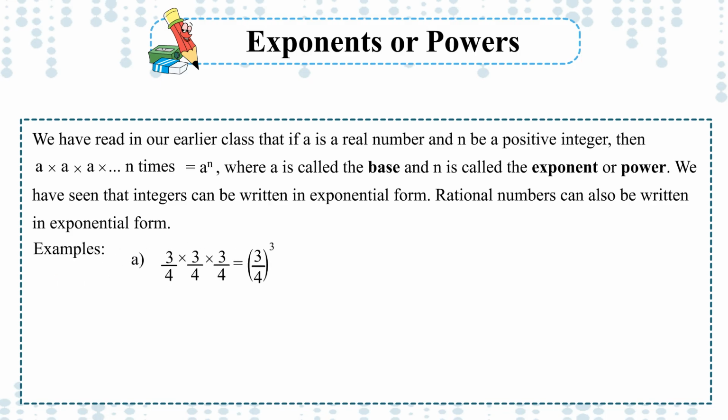Examples: a. 3/4 multiplied by 3/4 multiplied by 3/4 is equal to 3/4 raised to the power 3. b. -5/7 multiplied by -5/7 multiplied by -5/7 multiplied by -5/7 is equal to -5/7 raised to the power 4.